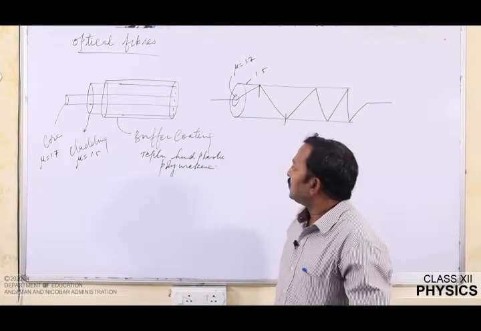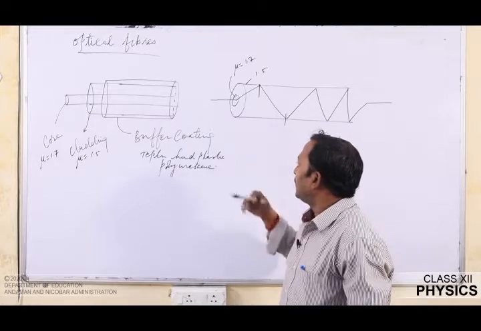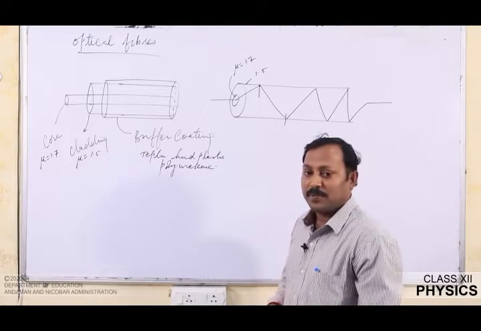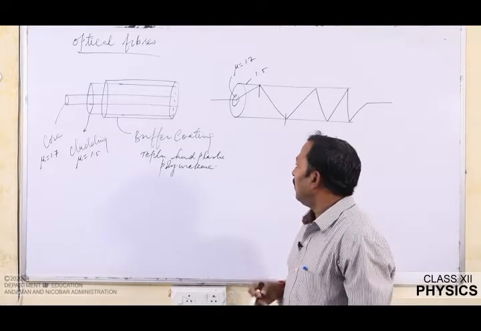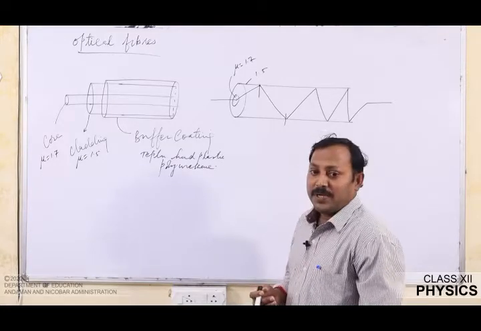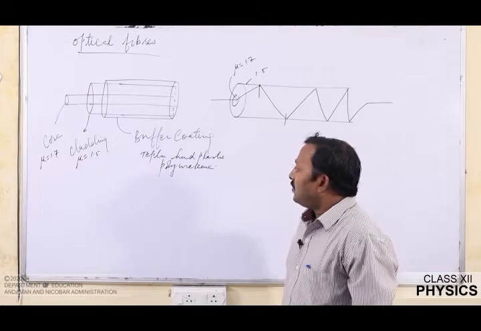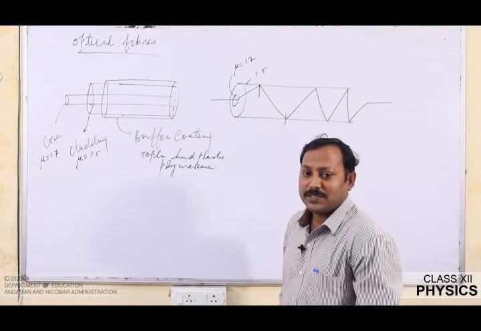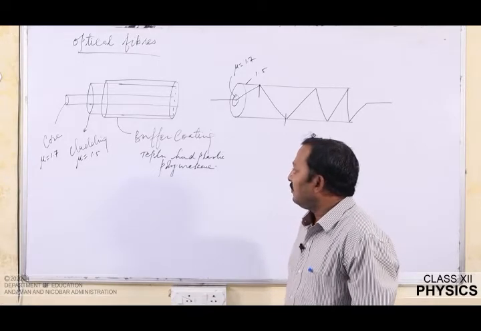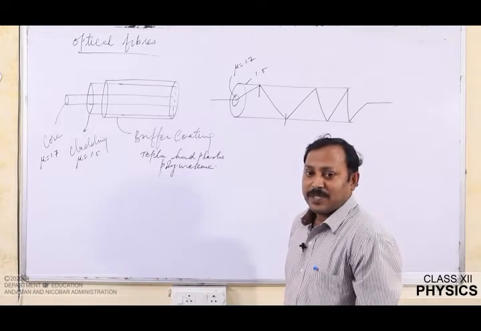Second, it is used in the medical field, which is called endoscopy, to see the inner structure of the body, such as the stomach and lungs, to search whether any tumor or anything has happened in the interior part. Third, optical fibers can also be used as decorative lights. Next, they are used in refractometers and in sensors.